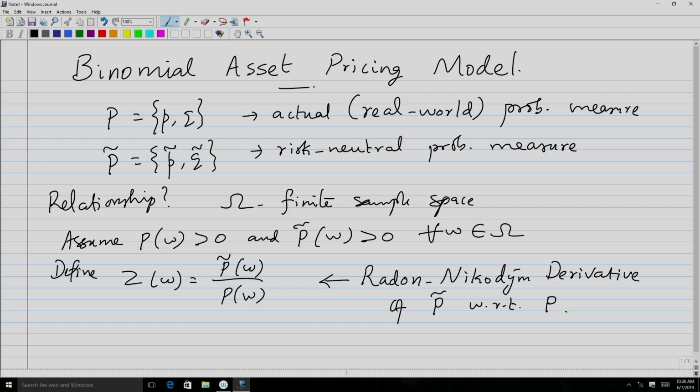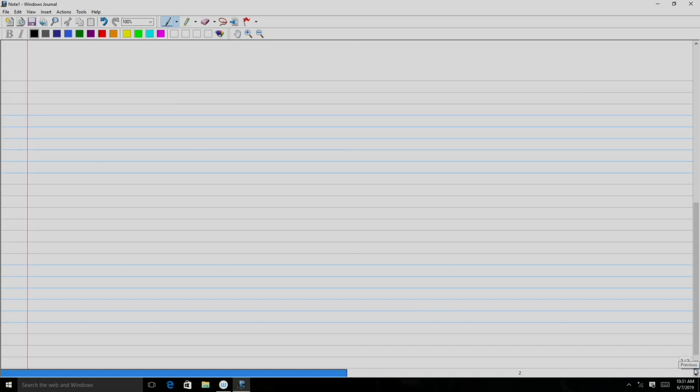So, we call that the Radon-Nikodym derivative, or Rn derivative, of p tilde with respect to p. Now, there are certain properties of this Z which you can easily observe. A, the probability of Z greater than 0 is 1, and in fact this requires that Z is greater than 0 with probability 1, that is what this statement says.